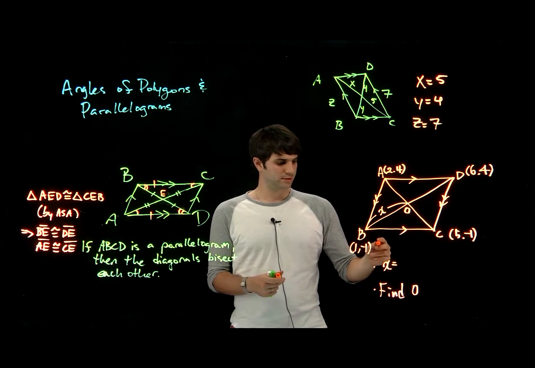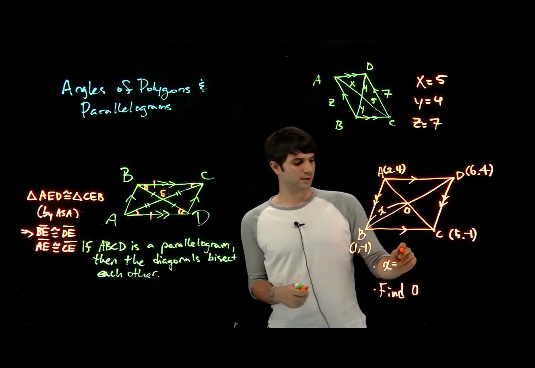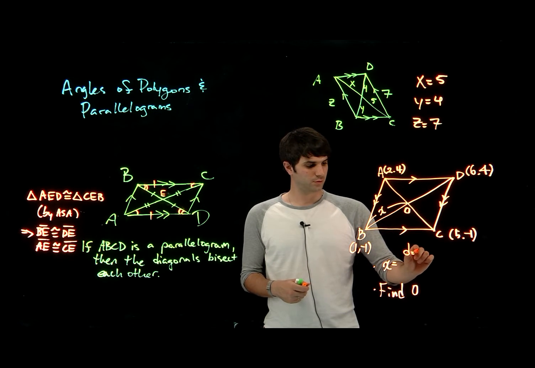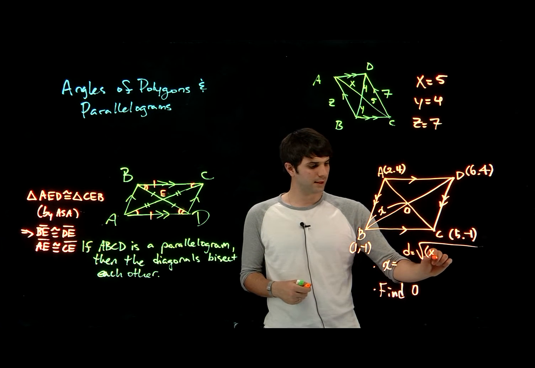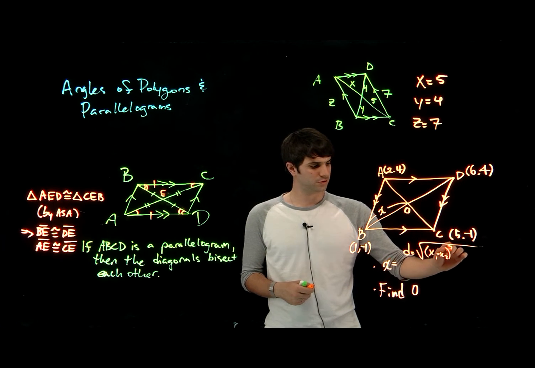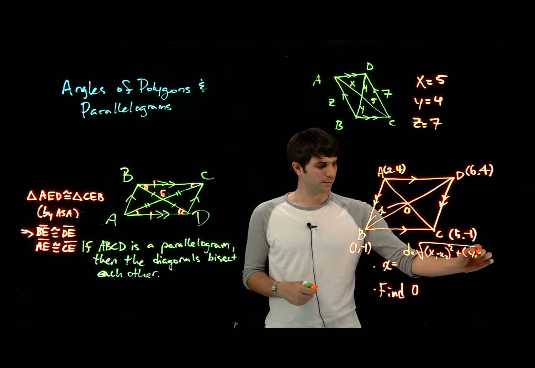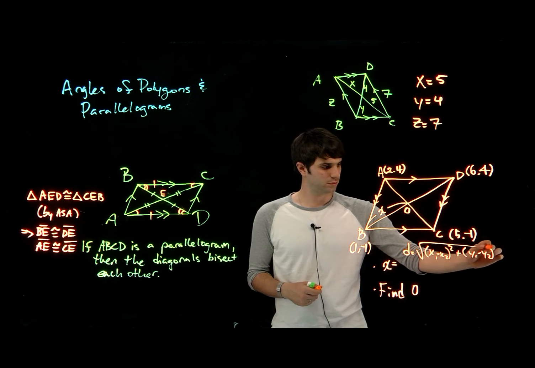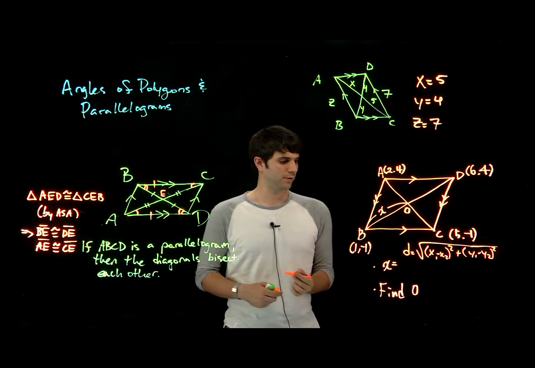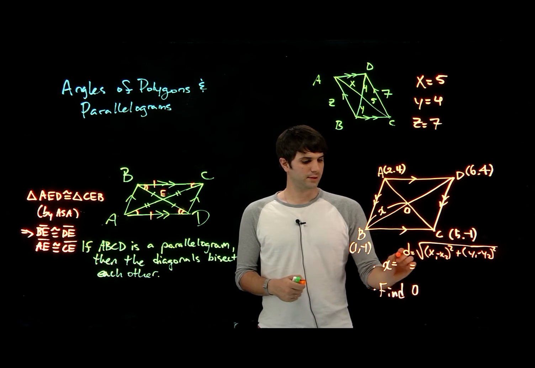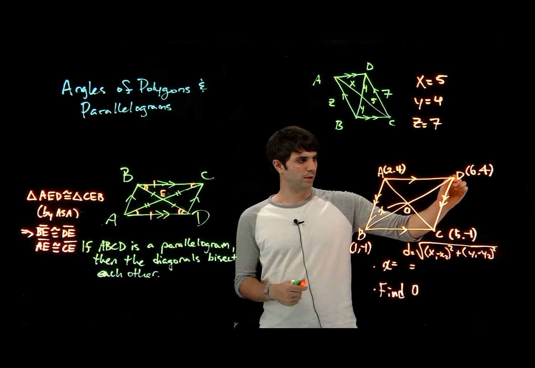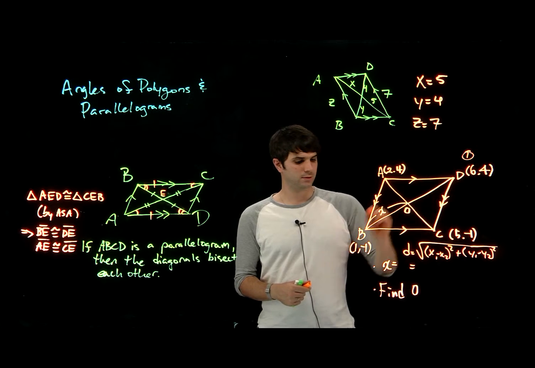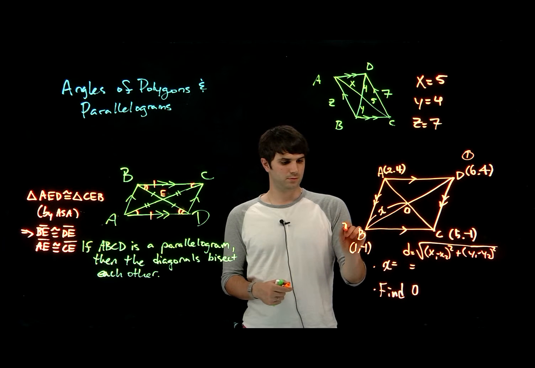So how can we do that? The distance formula is the square root of (x1 minus x2) squared plus (y1 minus y2) squared. I'll make this point 1, and this point 2.